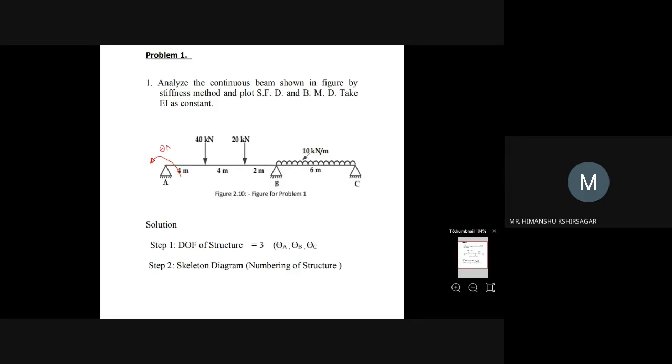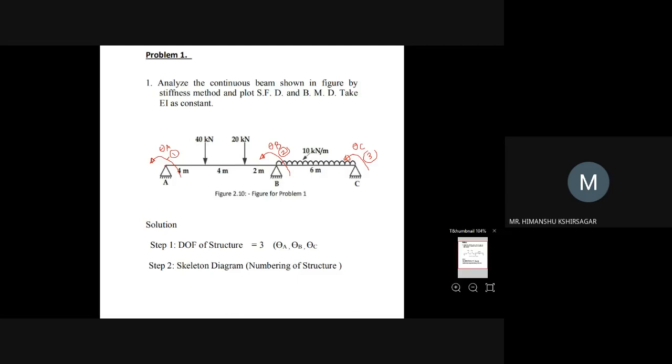That will be theta A. At B, as there is a hinge support, again the possible displacement will be theta B. And again at node C, as it is a hinge support, the possible displacement is theta C. So this is 1, this is 2, and this will be 3.